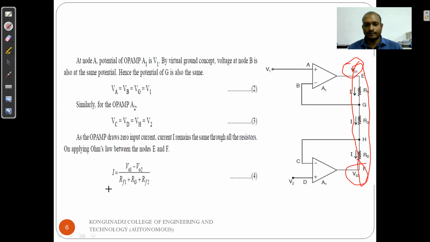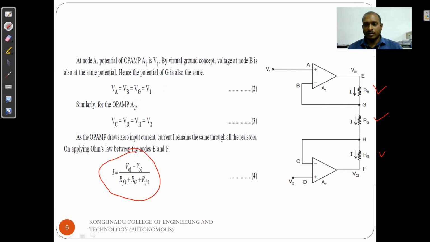So the current I is equal to the difference between the voltages, V01 minus V02, divided by all the resistance connected between E and F, that is Rf1, Rg and Rf2. So the current passing through the resistors Rf1, Rg, Rf2 is I equal to (V01 minus V02) divided by (Rf1 plus Rg plus Rf2). From this equation, we are going to calculate V01 minus V02.